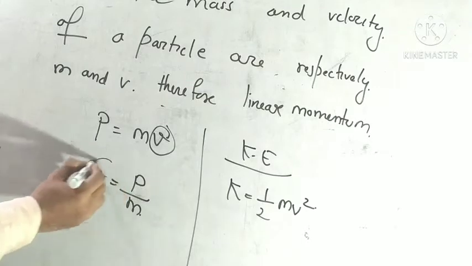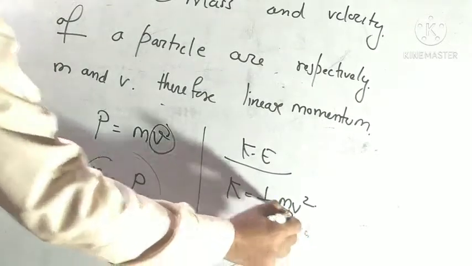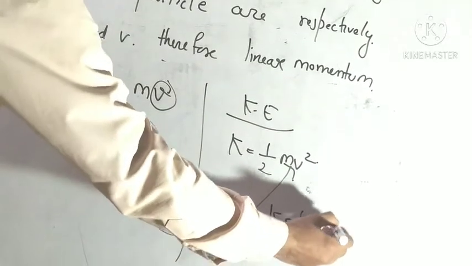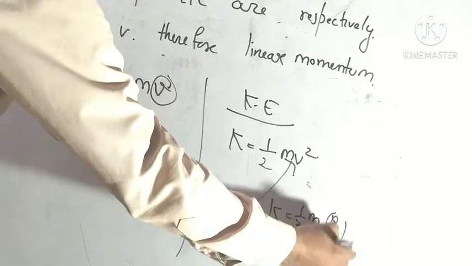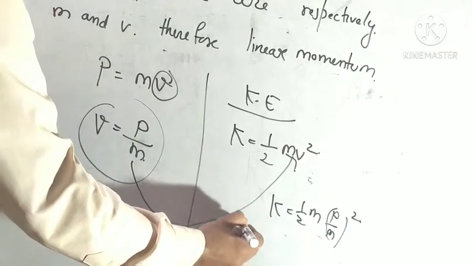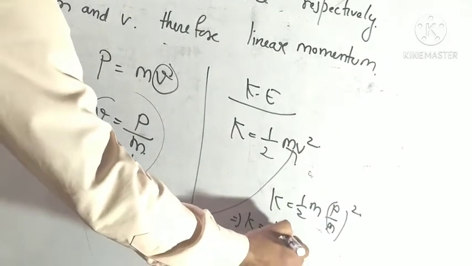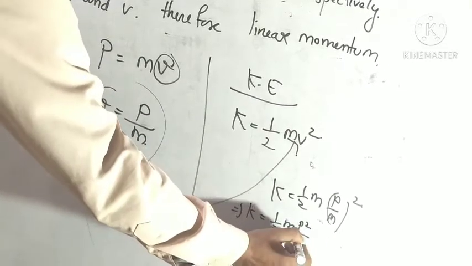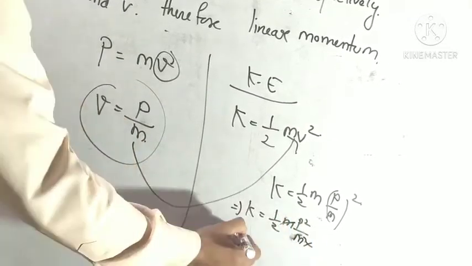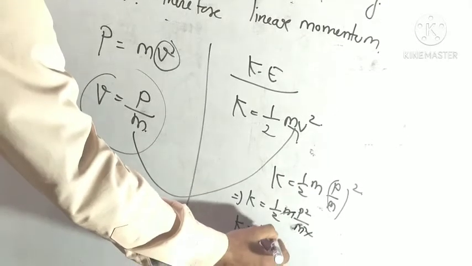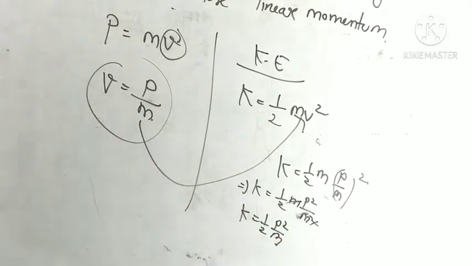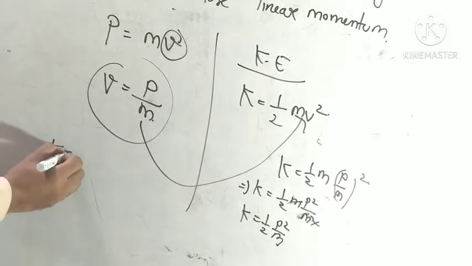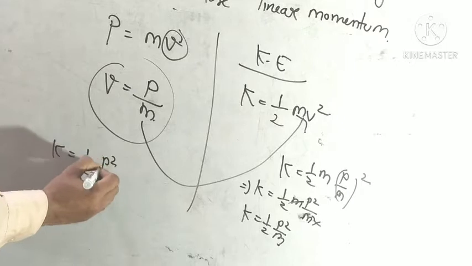Now we put this value of v here. So K is equal to half m times p upon m whole square. K is equal to half m p square upon m square. m and m cancel each other, and finally K is equal to half p square upon m.